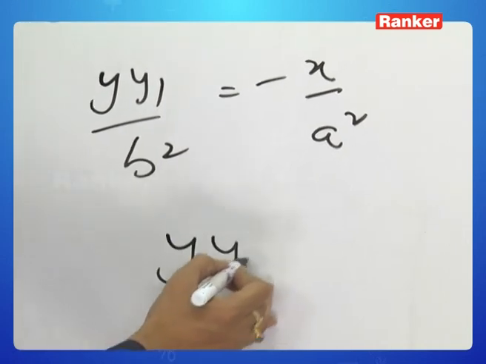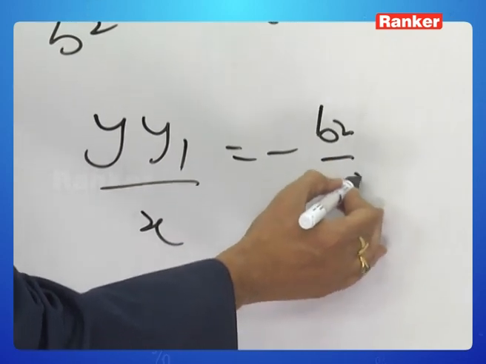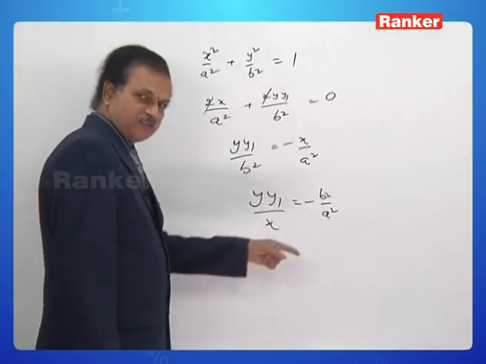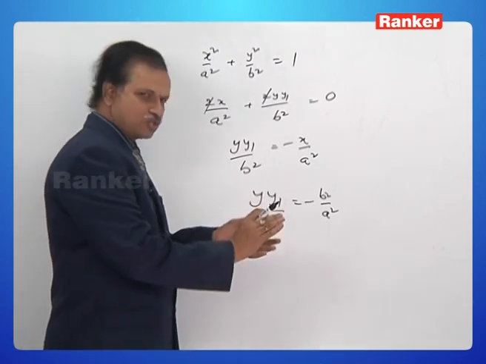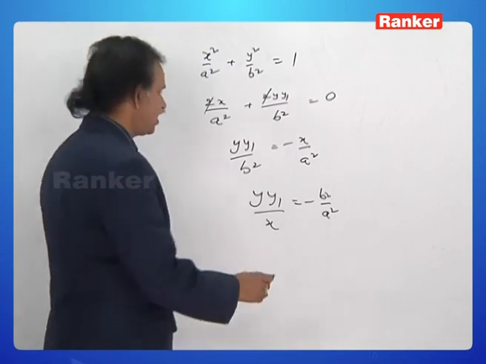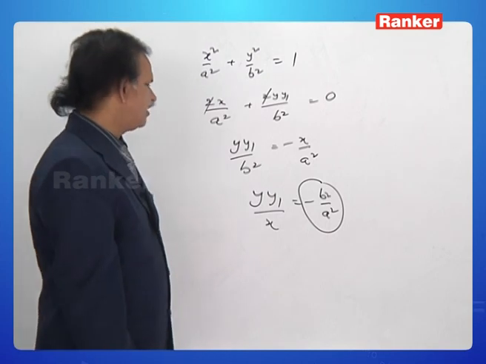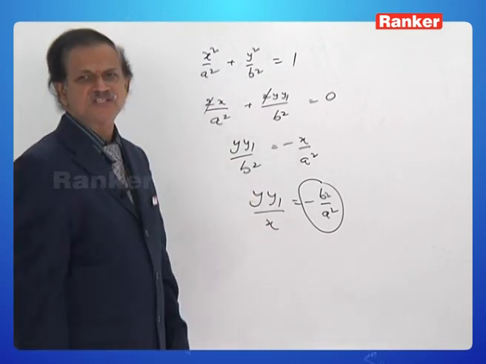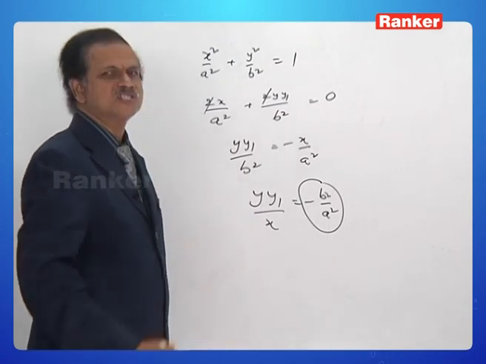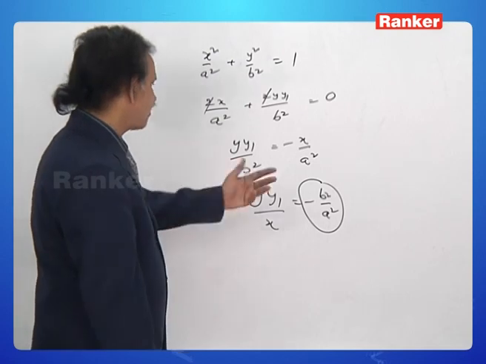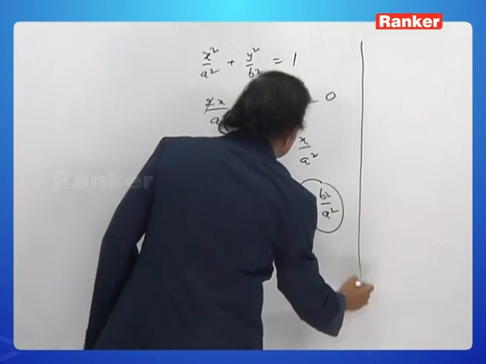Therefore, y1 by x is equal to minus b square by a square. Now you differentiate this with respect to x, because I could have brought both the two constants to one side. As you see, this minus b square by a square entirely is a constant. While you are differentiating, its derivative vanishes, thereby both a and b are eliminated at one instant. Yes, differentiate with respect to x on both sides.